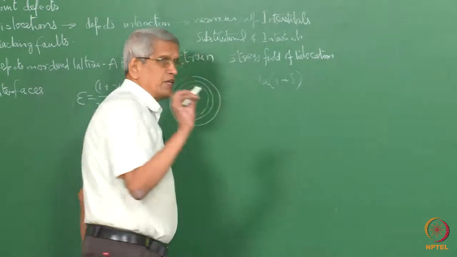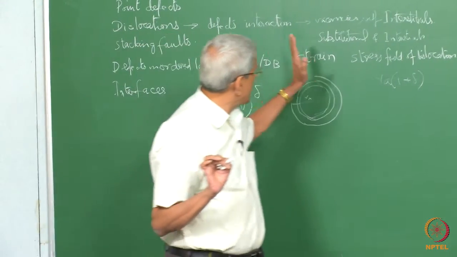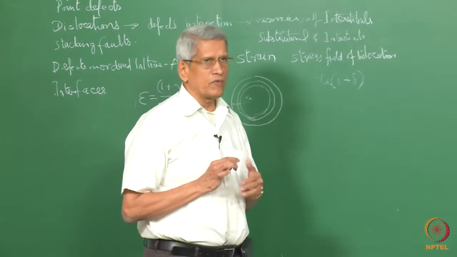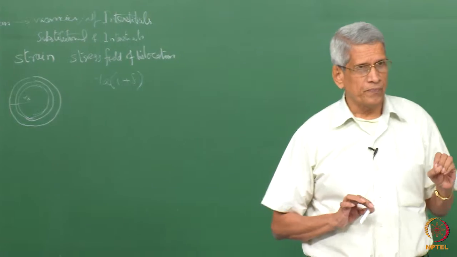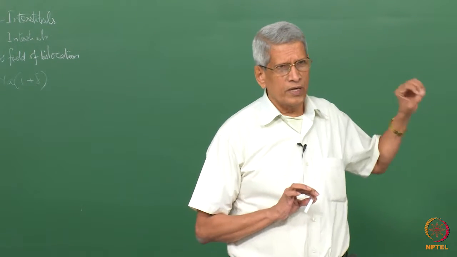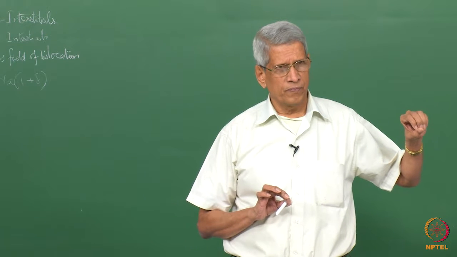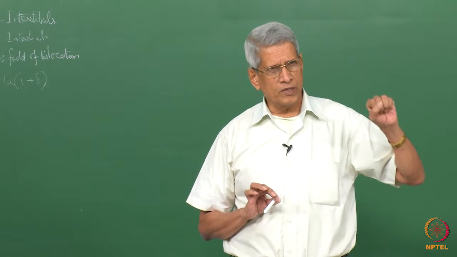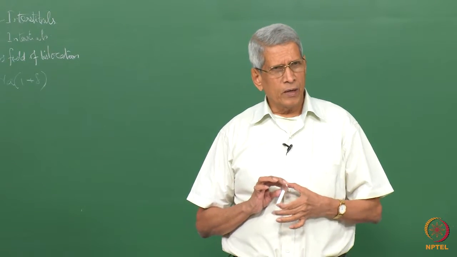We mentioned that we can find the product of the strain and the stress field of the dislocation. This defect we are considering as a volume defect. We can find out the volume change and the volume strain, which is nothing but delta V divided by the volume.